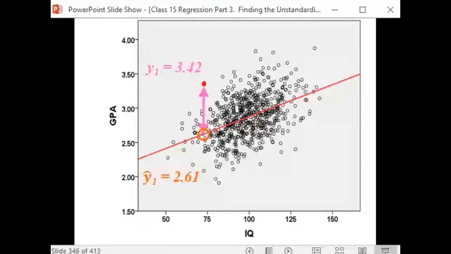Now next we need to find the difference between the two. That's the prediction error, E1. To find the error, we subtract y predicted from y observed. In other words, we subtract 2.61 from 3.42, and the answer is 0.81. So we now know that the prediction for individual 1 is 0.81 off from the actual GPA for individual 1.